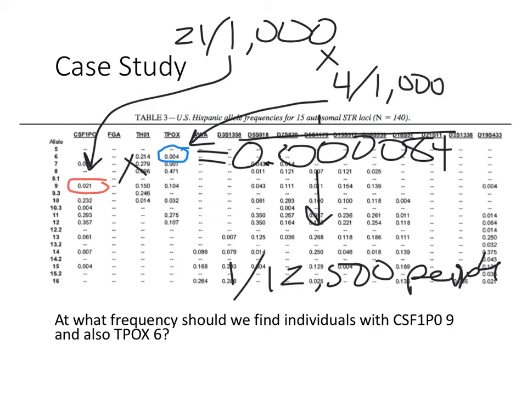So the 21 out of 1,000 is accurate, but you're absolutely right. What they did was they collected DNA from n equals 140 different people that either the scientists said were US Hispanic, or those 140 people self-identified as US Hispanic, one or the other.